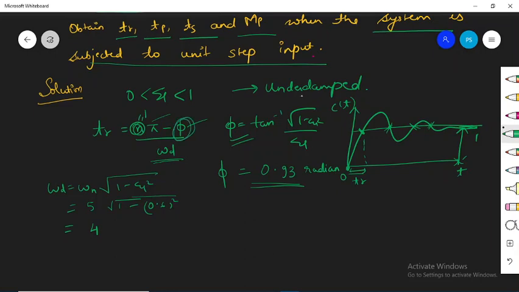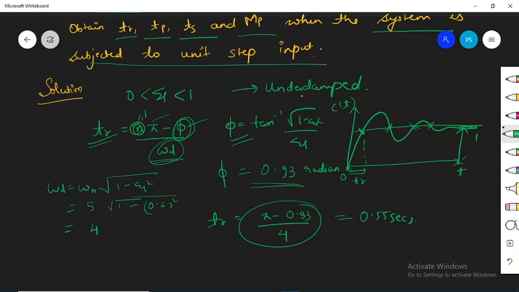Now when this value is known, I can easily find out the value of TR. So TR is going to be (pi minus phi), that is 0.93, divided by omega d, which is equal to 4. You can solve this, and the final answer is going to be 0.55 seconds.